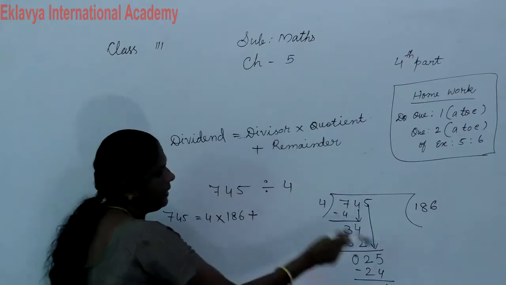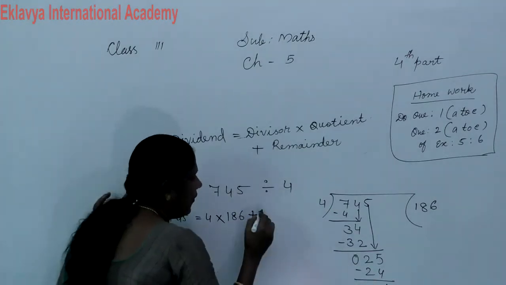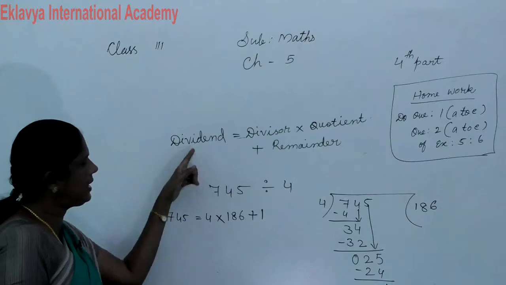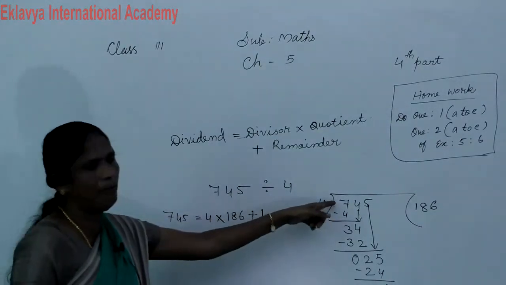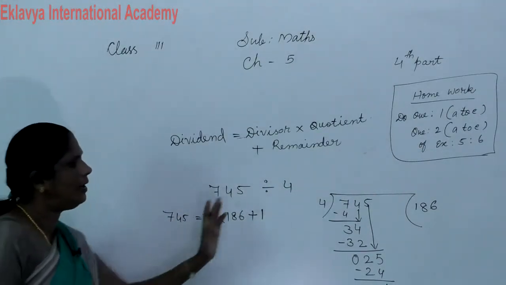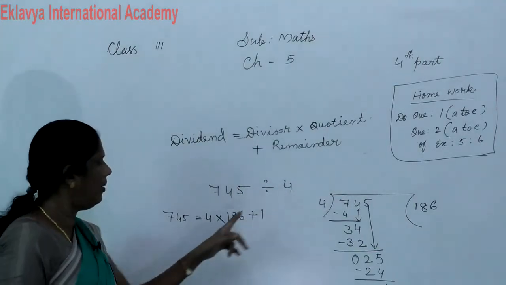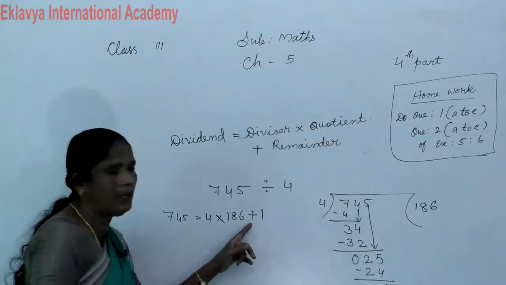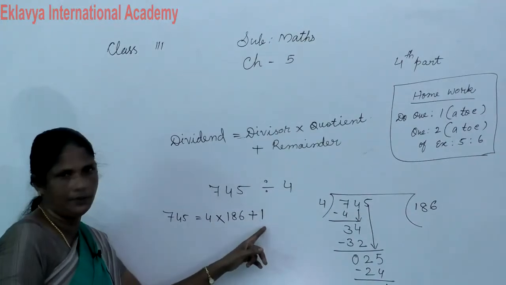Plus remainder. Remainder means here 1. Again, dividend means this number. Dividend is equal to divisor multiply quotient plus remainder.